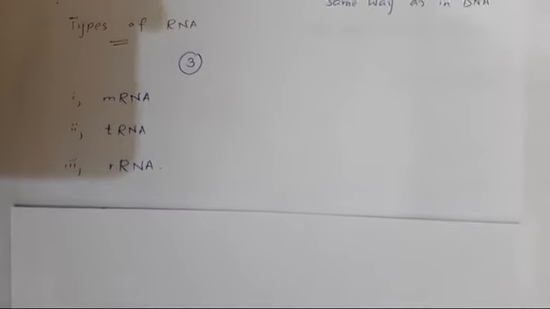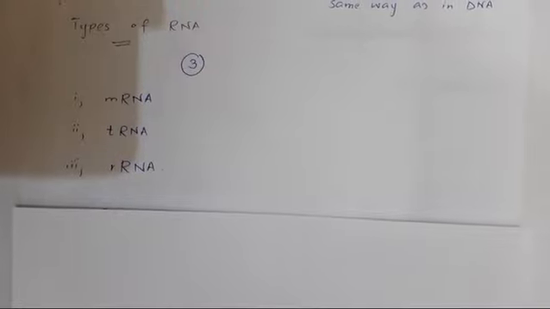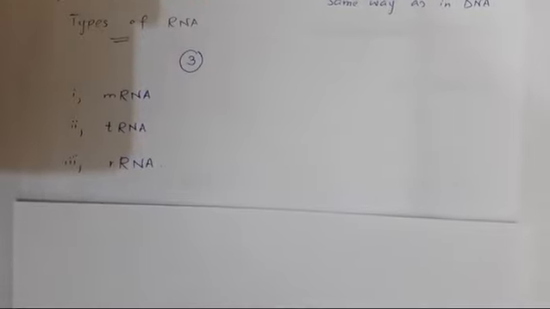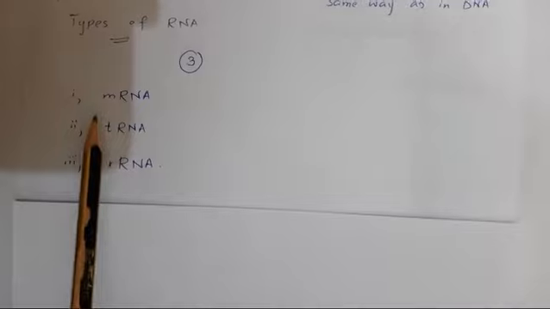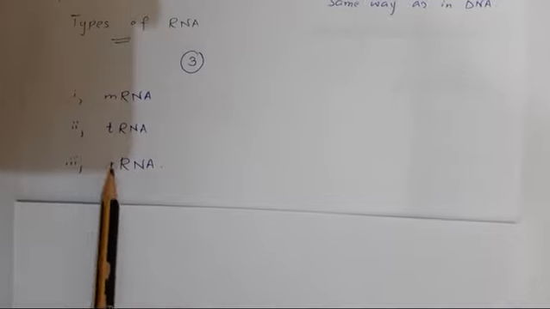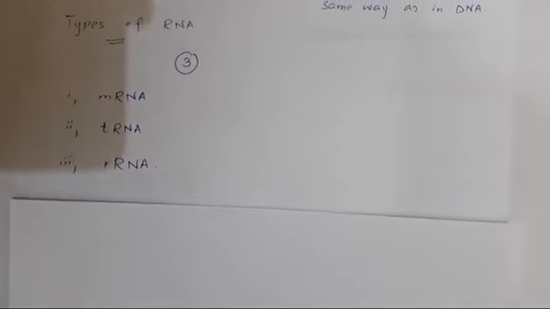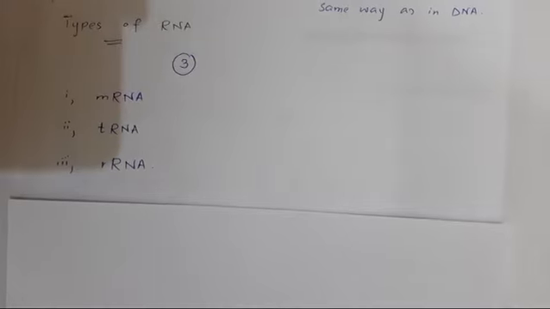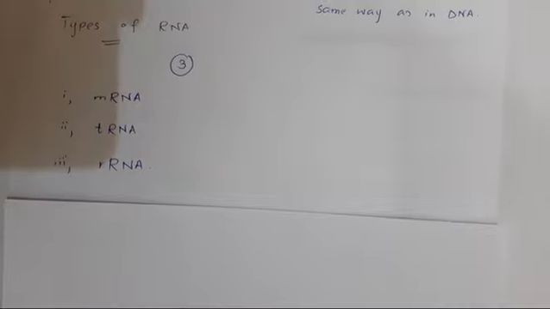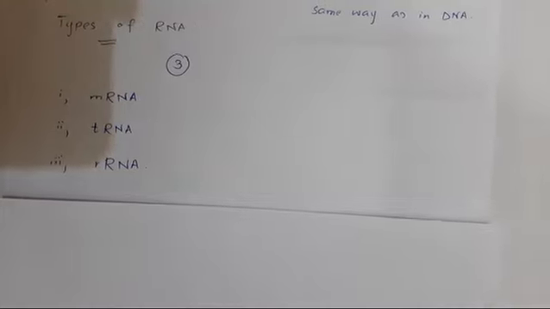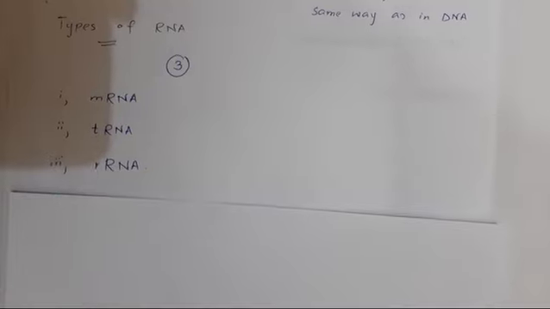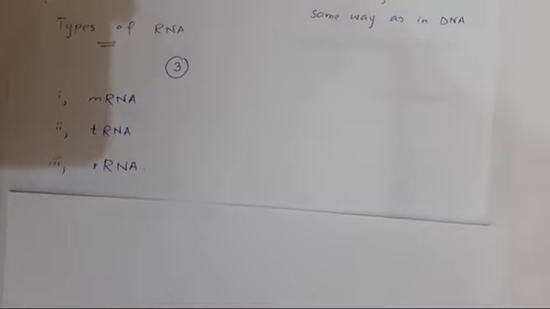Now the types of RNA. There are 3 types of RNA: mRNA, messenger RNA; tRNA, transfer RNA; and rRNA, or ribosomal RNA. Messenger RNA carries messages from the DNA to the ribosomes for protein synthesis, while transfer RNA transfers specific amino acids from the cytoplasm to the ribosome for protein synthesis.